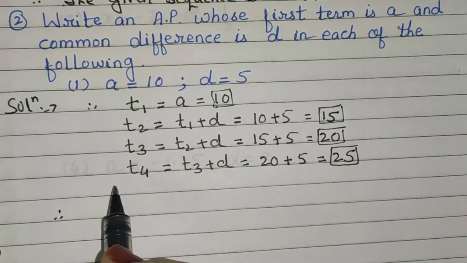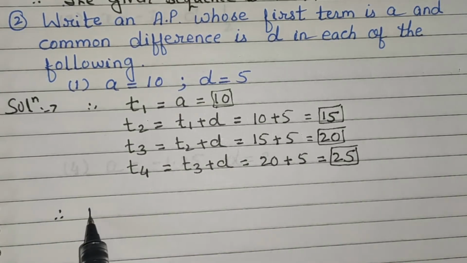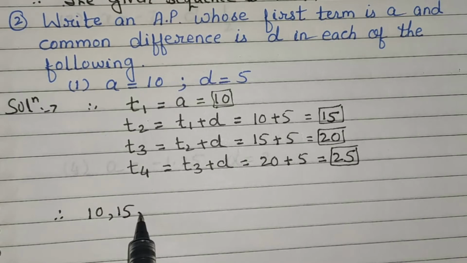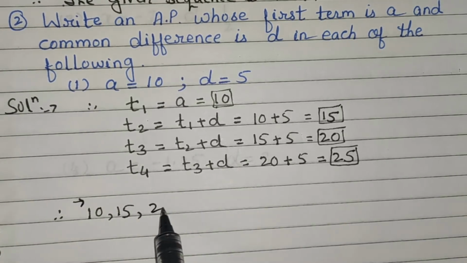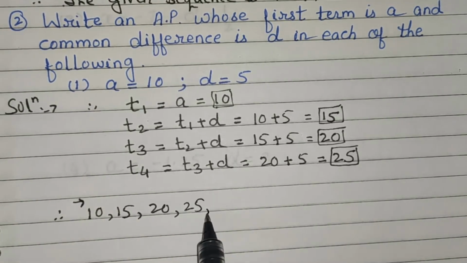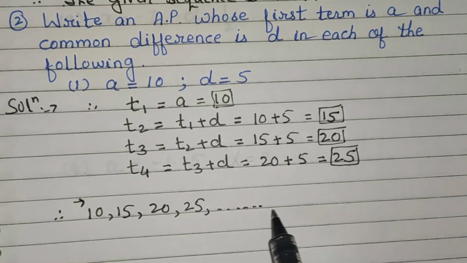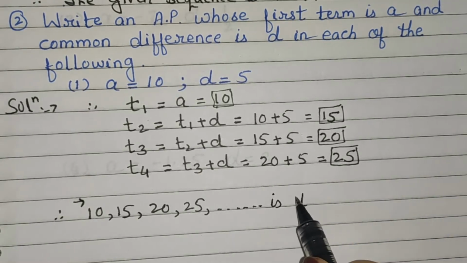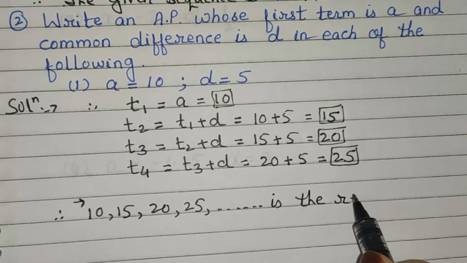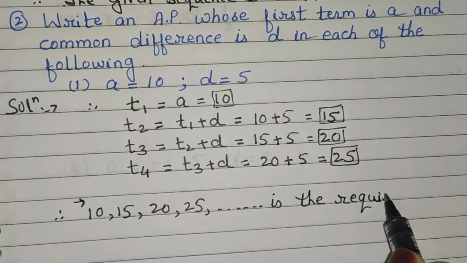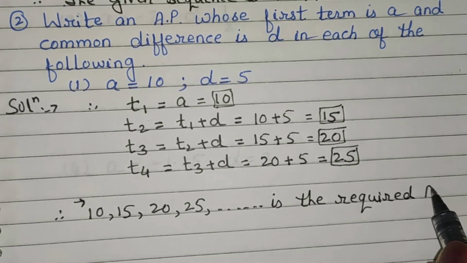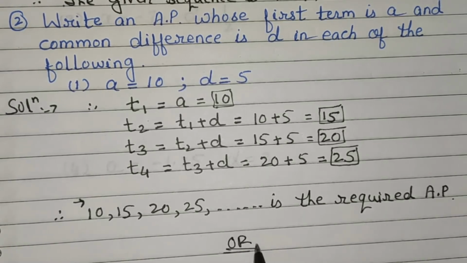Therefore write down here 10, 15, 20, 25, and so on, is the required AP, arithmetic progression, or it can be solved by another method.